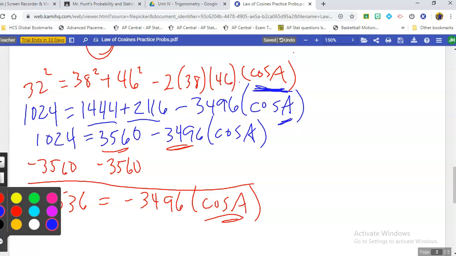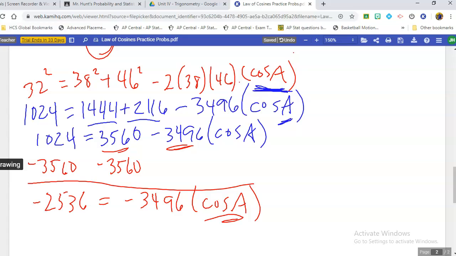So my next step would be to divide by 3496, and say that negative 2536 divided by negative 3496 is going to be equal to the cosine of A.